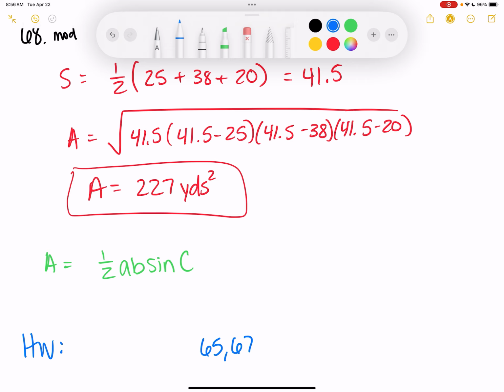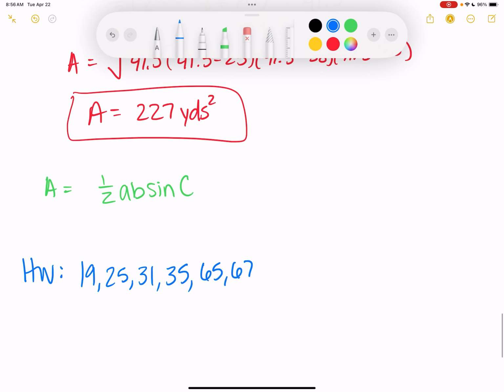Go 19, 25, 31, and 35. So 4 law of cosines and then 2 area problems there for you. And remember, law of cosines only produces one triangle, so it shouldn't be too bad.